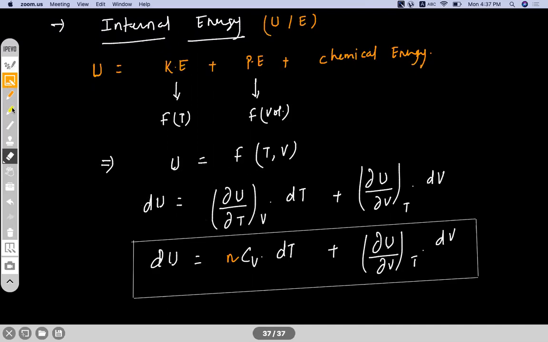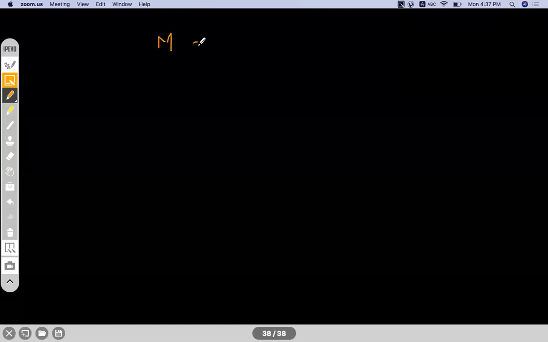If you have a function, suppose m is a function and it depends upon two variables, p and q. So m depends upon p and q.